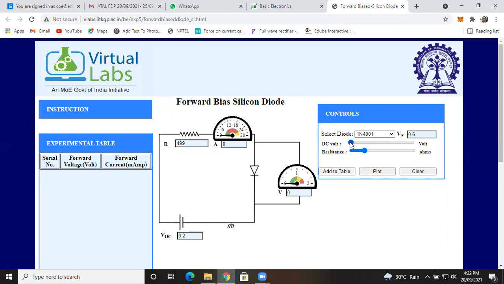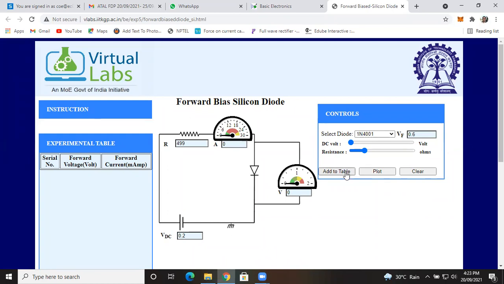Now the applied voltage to the PN junction diode is 0.2, and the barrier potential of that diode is 0.6. At that time no current will flow through it. Why? Because the external voltage is less than the barrier potential.